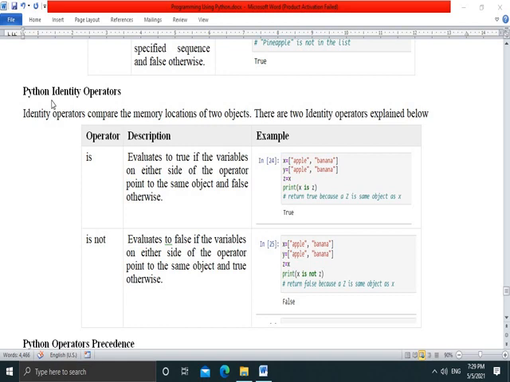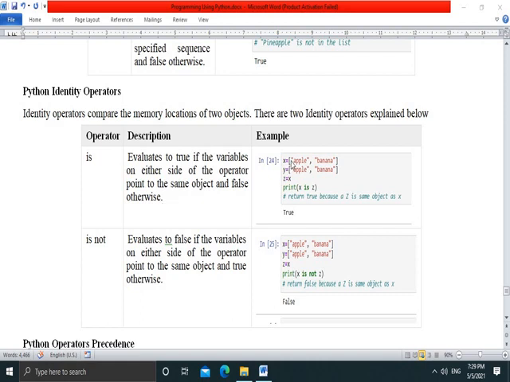Next operator is identity operator. Identity operator compares the memory location of two objects. There are two identity operators, is and is not. Is evaluates to true if the variables on either side of the operator point to the same object and false otherwise.